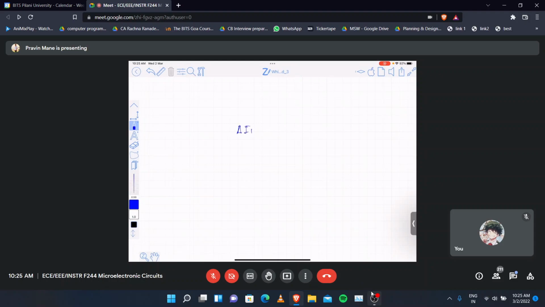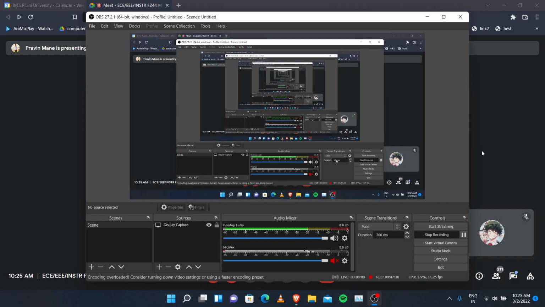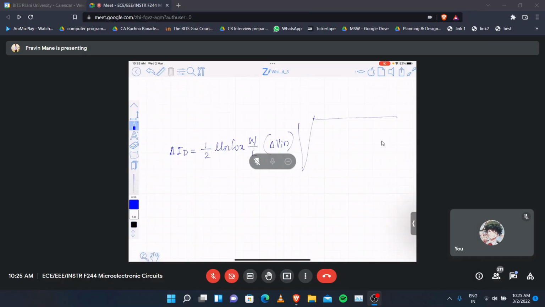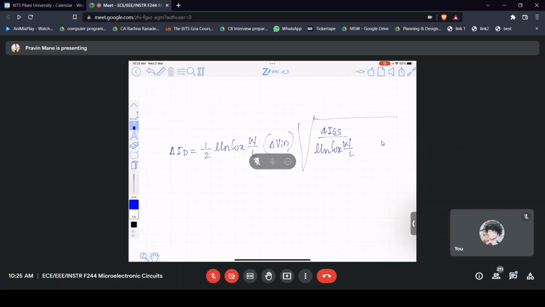Delta ID is equal to half mu n Cox W by L into delta V in into square root of 4 ISS upon mu n Cox W by L minus delta V in square. So same expression I have written, in this format.